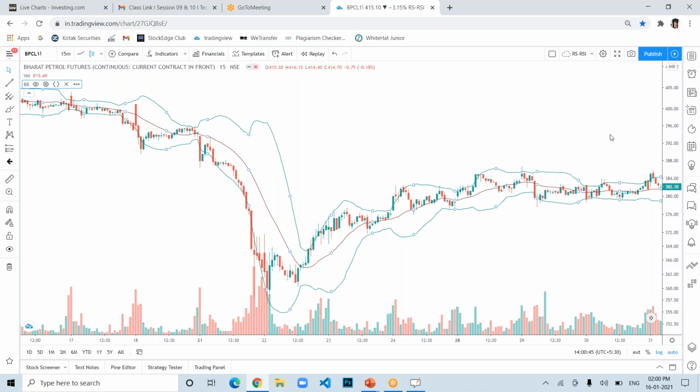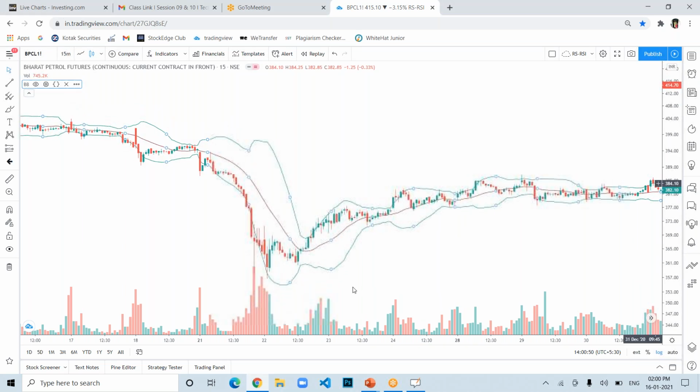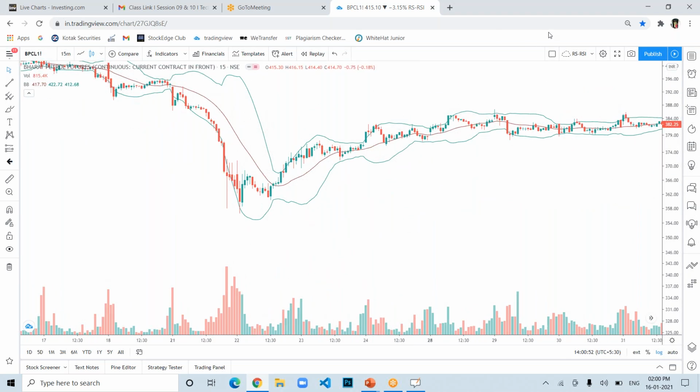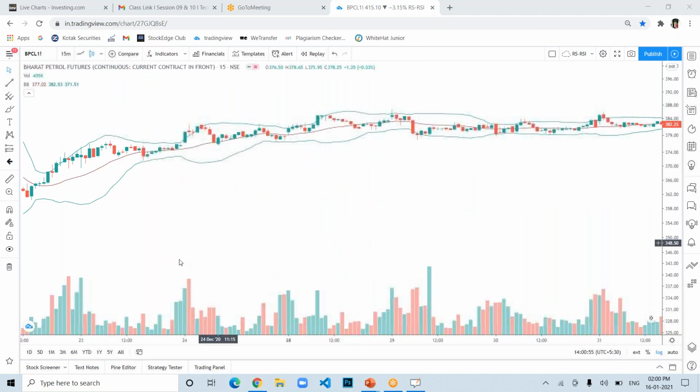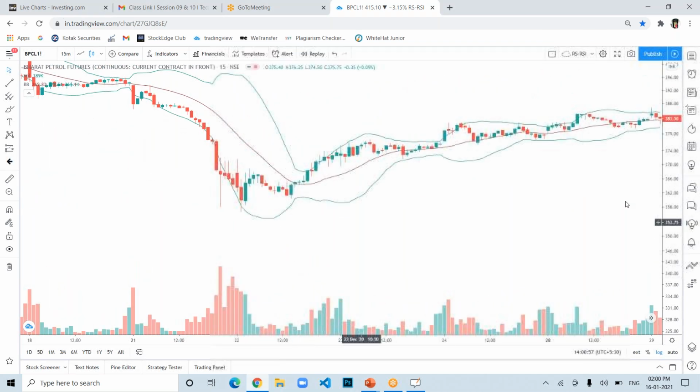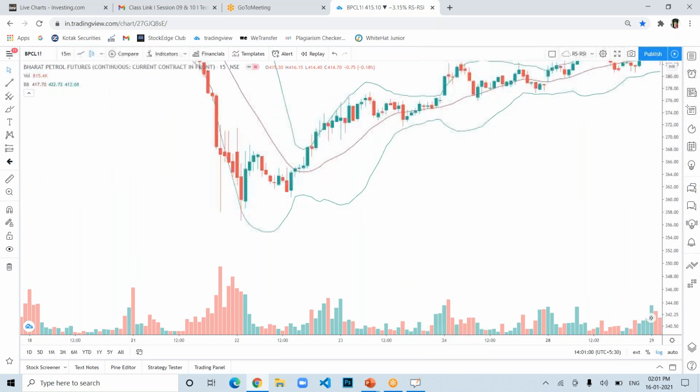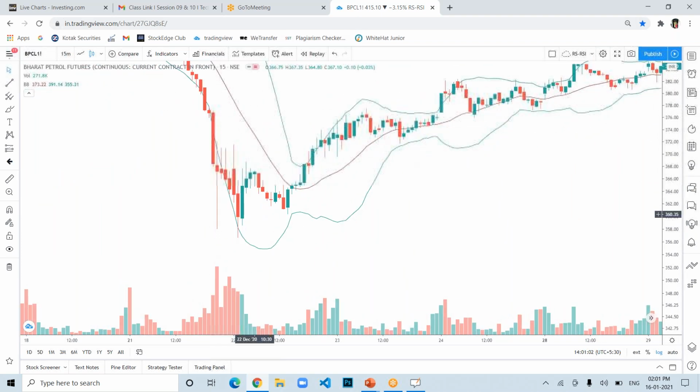Volatility divergence is the relative distance between, wait, look here. I'm just zooming in. This is a double bottom, right? Look. The relative distance of the price vis-a-vis the band. So here clearly you see the first bottom is made, the distance between the band and the price is negligible. In fact, the price is penetrating the band.